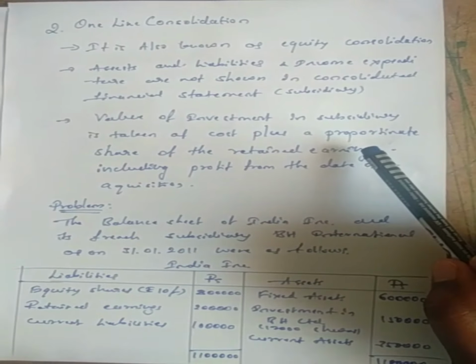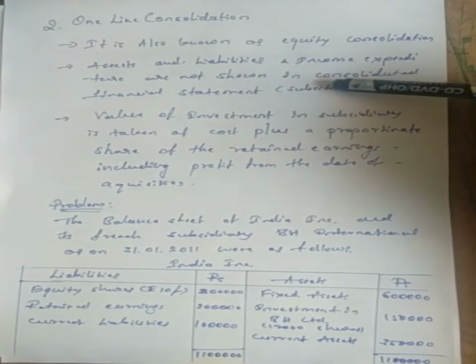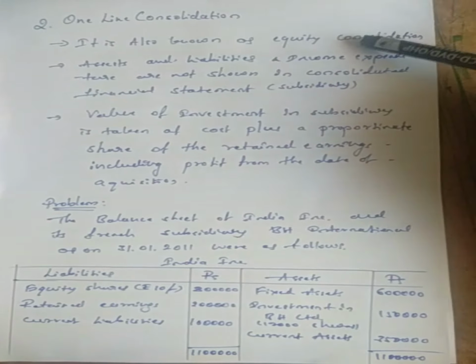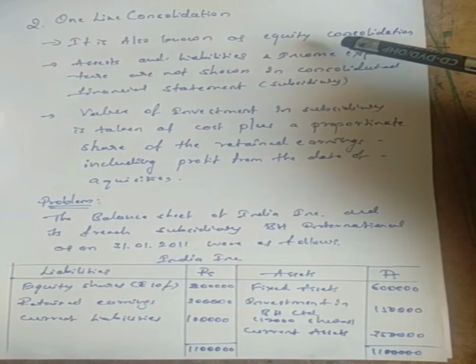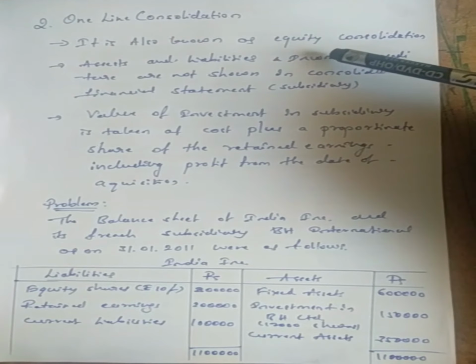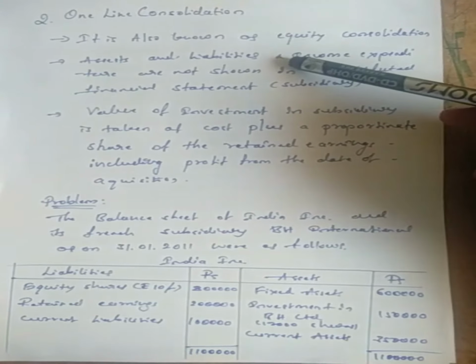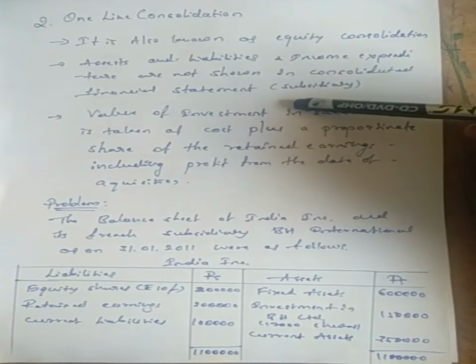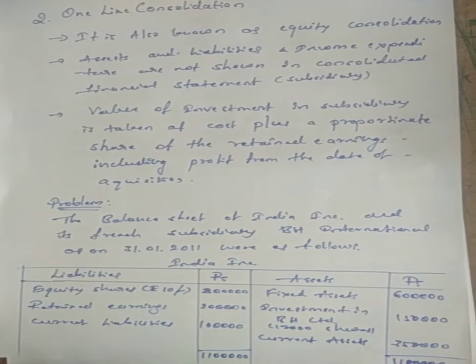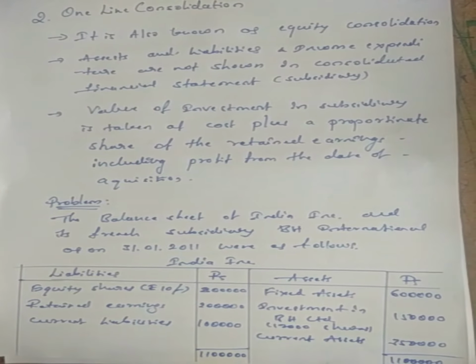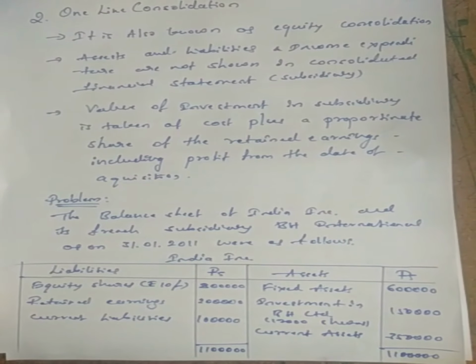So there are two conditions: first, all the assets and liabilities and income and expenditure of the subsidiary company are not shown in the consolidated financial statement; second, the value of investment in the subsidiary is taken at cost plus a proportionate share of retained earnings including profit from the date of acquisition.